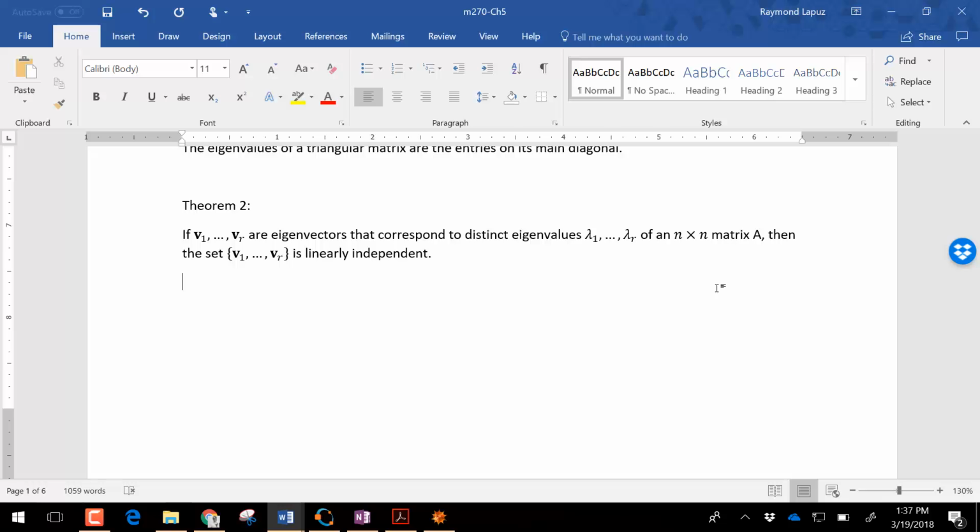What's the point of an eigenvalue? It gives us more information about the matrix and the different spaces.